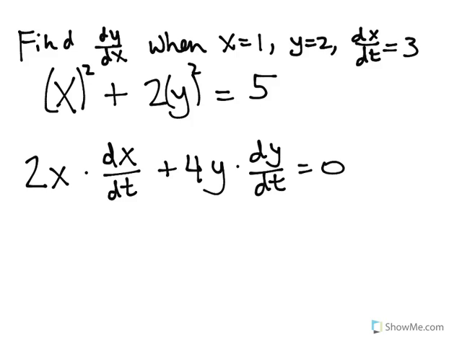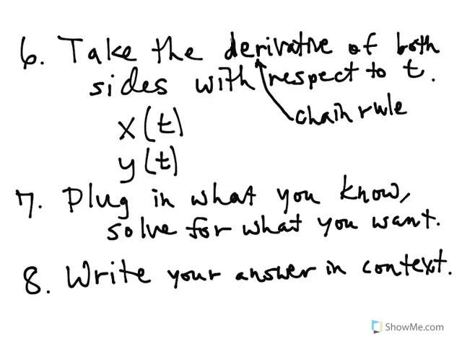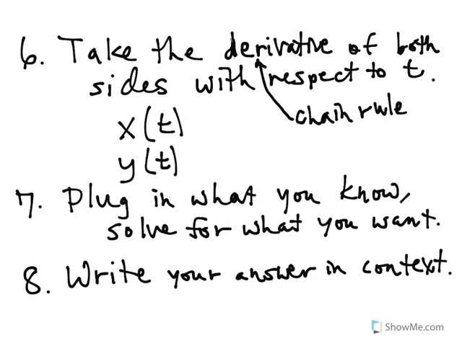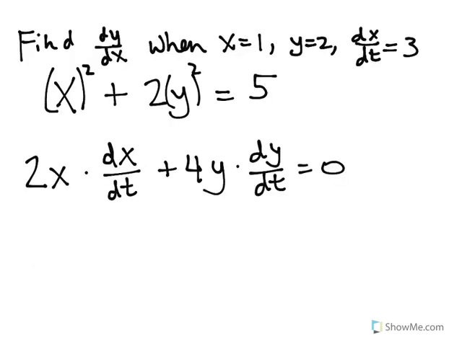So if this is what you're given, you're told to find dy/dx when x is 1, y is 2, and dx/dt is 3, then go down here and plug in what you know. Remember, we're kind of walking through the steps, so if I go back to the steps, we started with step 5 that says have an equation, and then we've been working through steps 6 and 7. 6 and 7 say take the derivative of both sides with respect to t, and now plug in what you know.